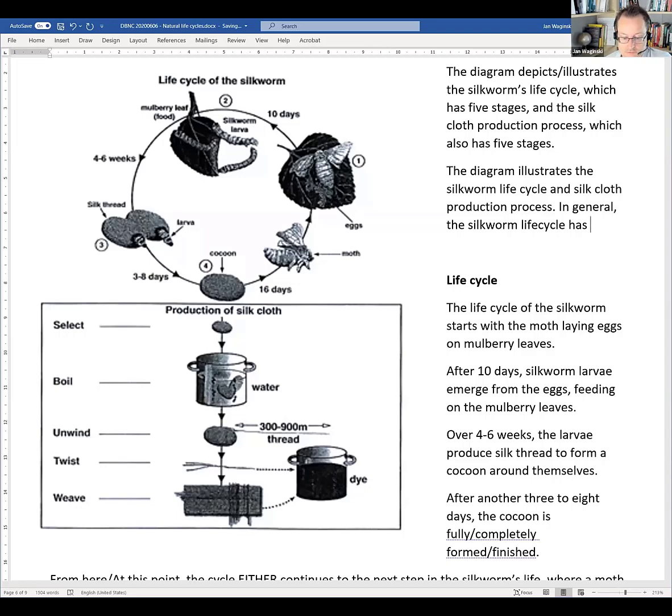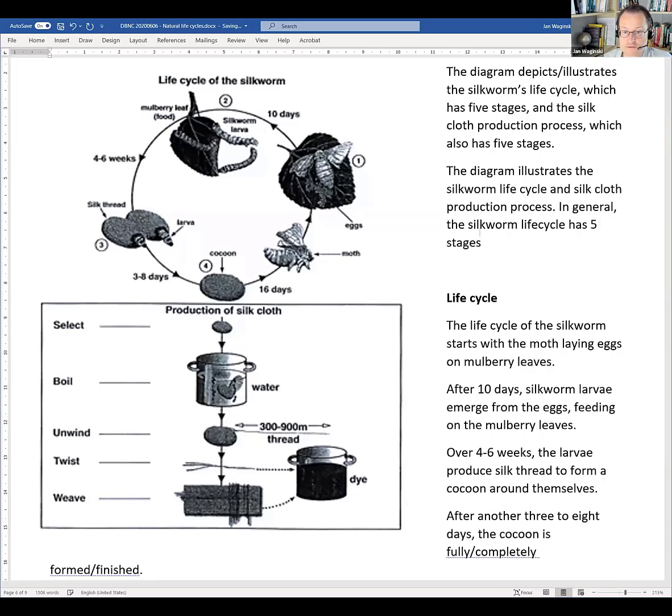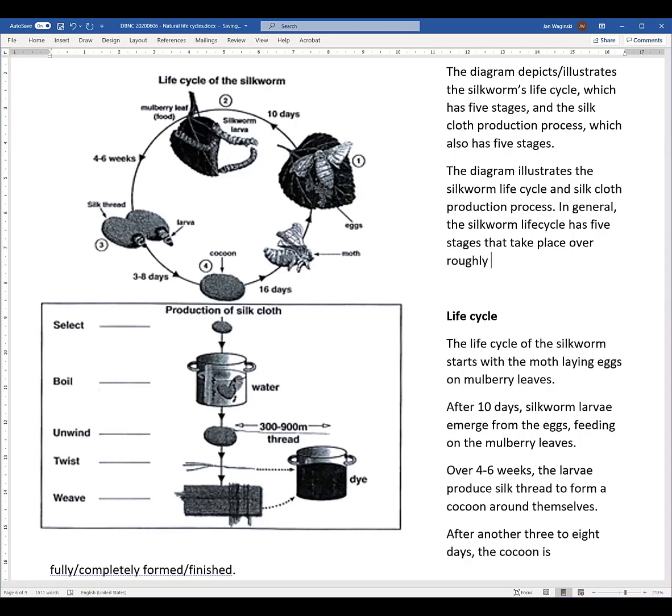The cycle has 5 stages that take place over how many days? 26, and maybe we can say by weeks, around 11 weeks, or roughly 12 weeks.